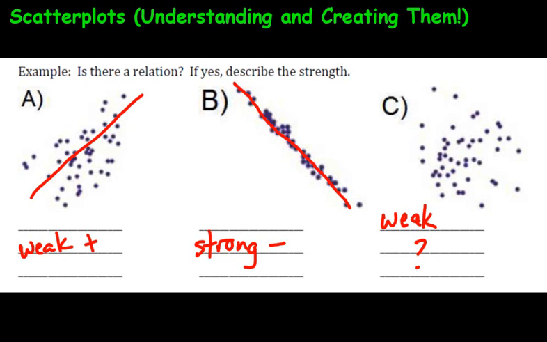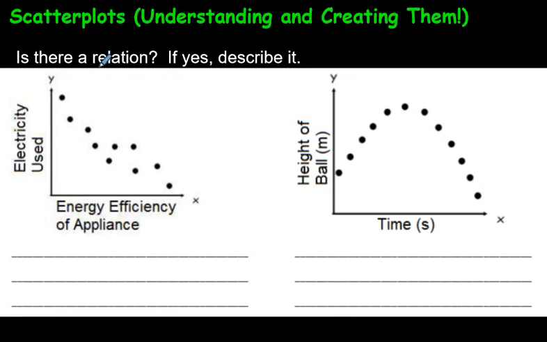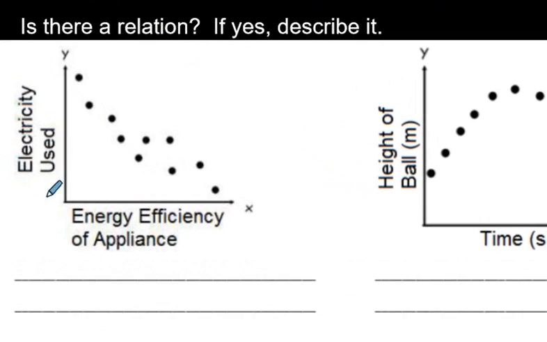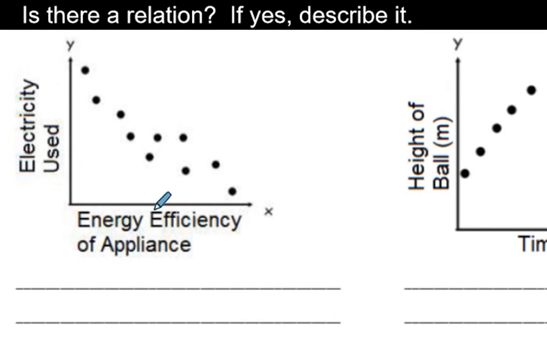Okay, let's move on. Is there a relation here? It seems like there is here. This one is based on electricity used and the energy efficiency of an appliance. Okay, it seems to me I would draw kind of a line moving somewhat like this. So it seems like there is a relationship here.